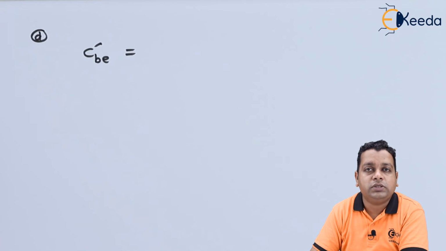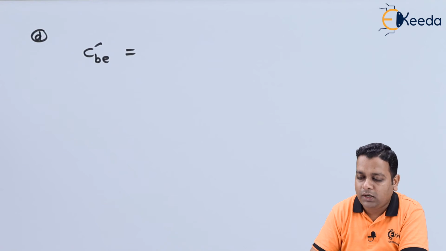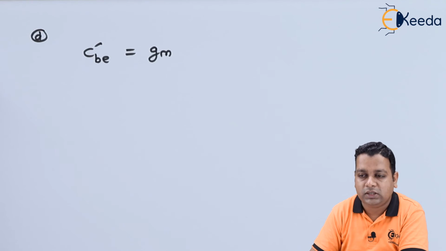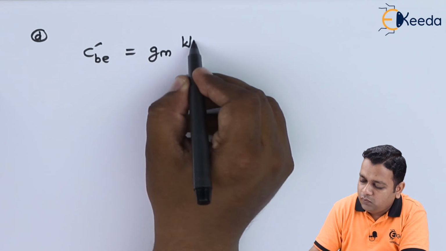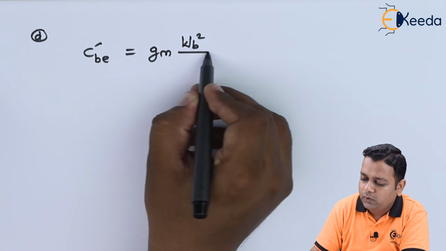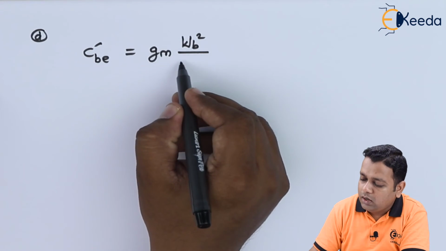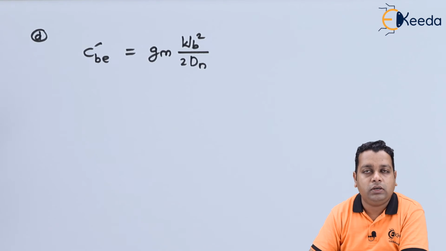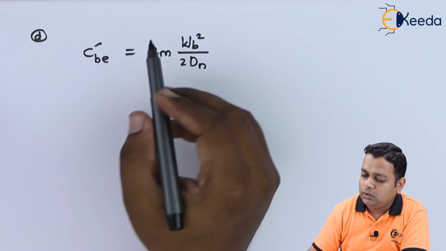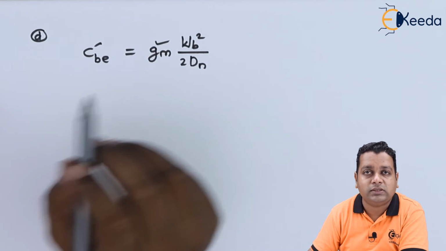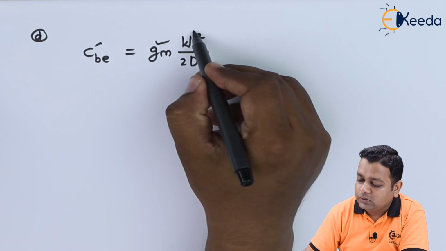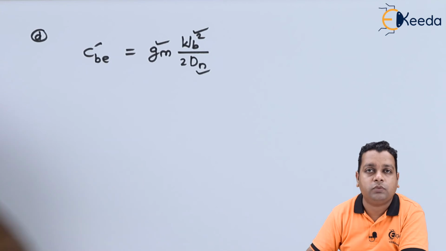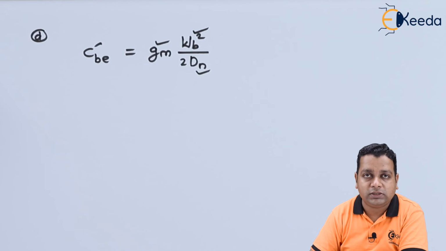So this is the diffusion capacitance, and it can be obtained by making use of mutual conductance GM, the width value WB squared, divided by twice the electron diffusion coefficient Dn. So the value is computed as the answer A. This is provided in the problem statement, and this has also just been computed in the previous section.